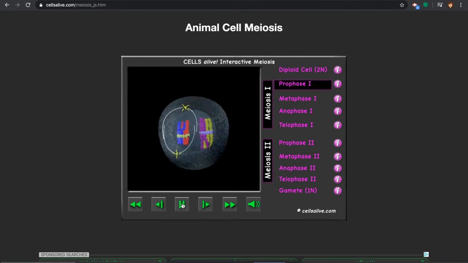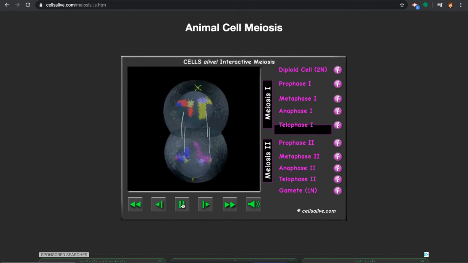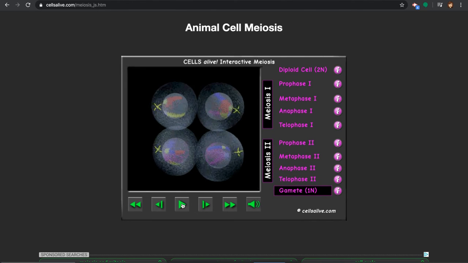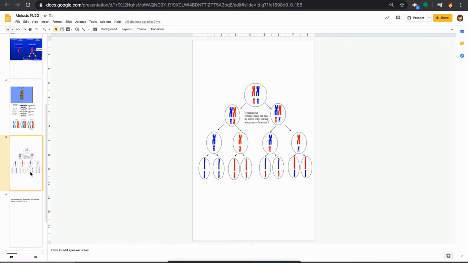One more time. And they separate. And you've made 4 egg or 4 sperm. All right, let's see. Down here, you have one more slide.